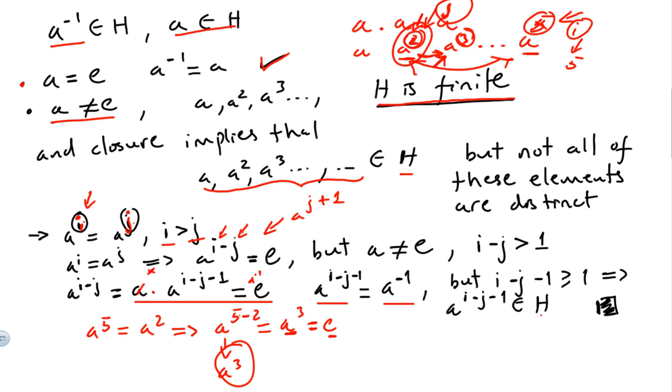Check, for instance, it cannot be 0. i minus j minus 1 cannot be 0, because if that happens, this one i minus j would be equal to 1. If i minus j equals 1 means that a equals the identity. Not possible. We are out of that. That will also prove that that is a subgroup, okay, but that is checked.